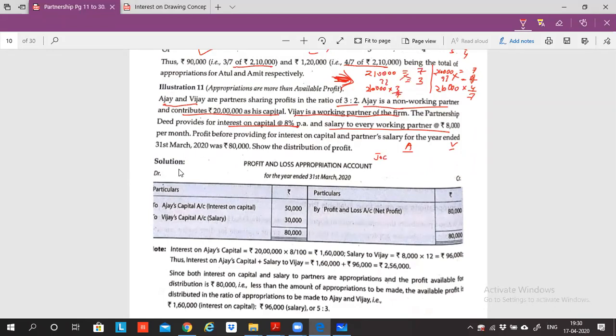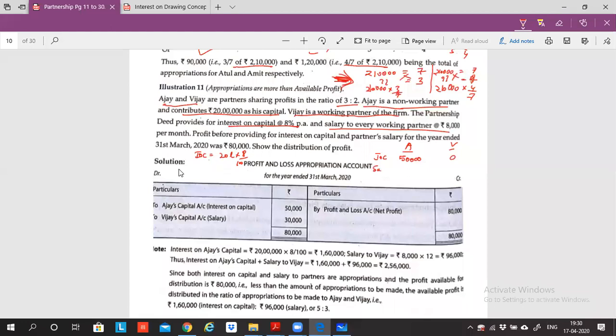20 lakh into 8 by 100. So what will be the interest on capital? There is zero interest on capital for Vijay because he has not contributed capital. The second point says the partnership deed provides salary to every working partner at 8,000 per month.